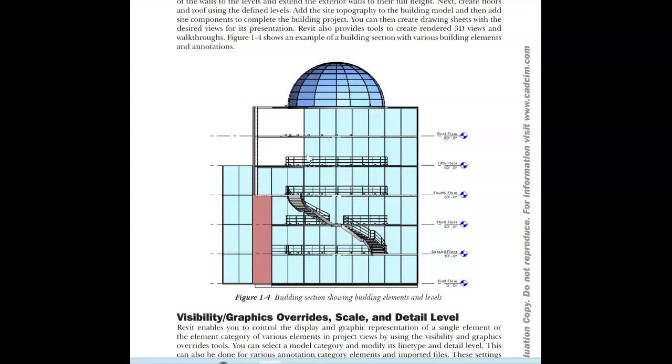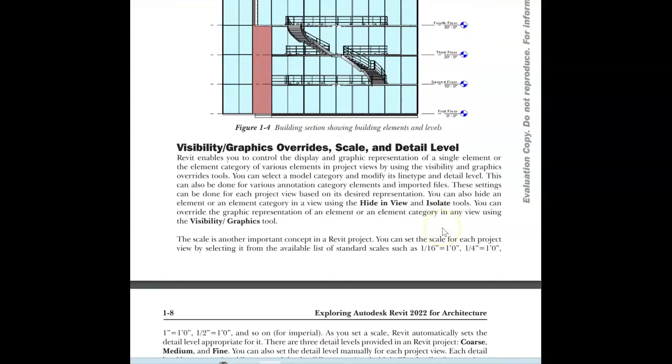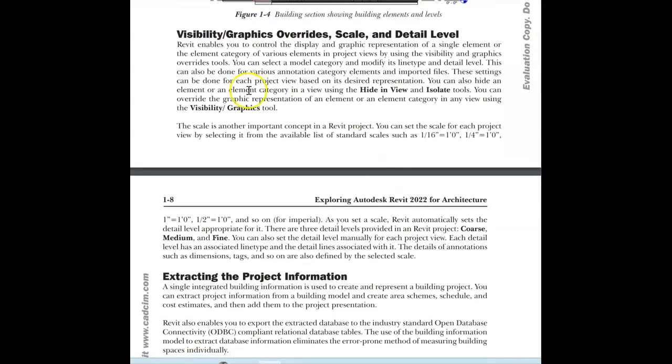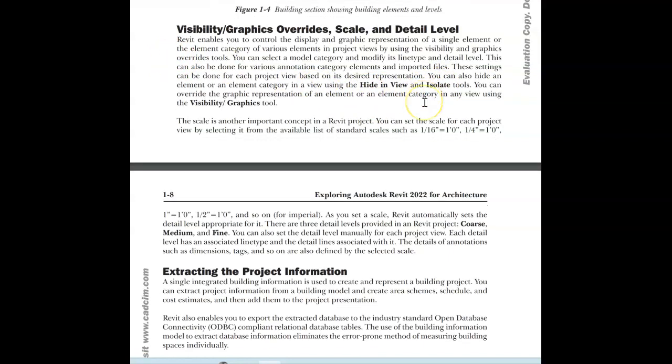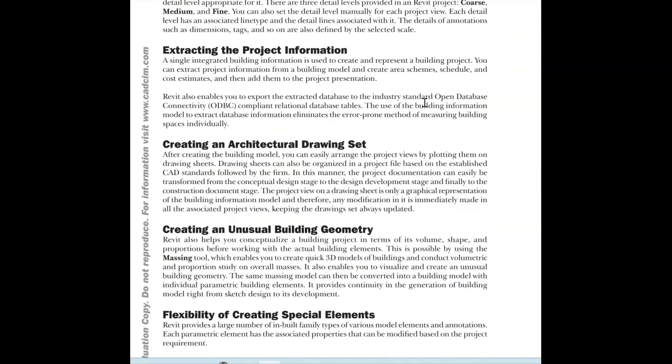Here's a nice section with building elements and levels. Here are levels. So when you add this symbol, you're actually saying everything rises up to this level, and that's the height. Visibility graphics controls what you want to show. You can hide things and you can isolate things. In advanced modeling, that's helpful, so you don't have too much information on the board.